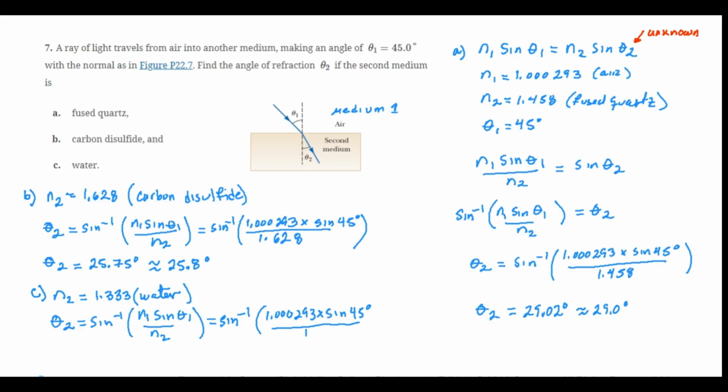We will get that theta 2 in this case is approximately 32.053, which is approximately 32.1 degrees.